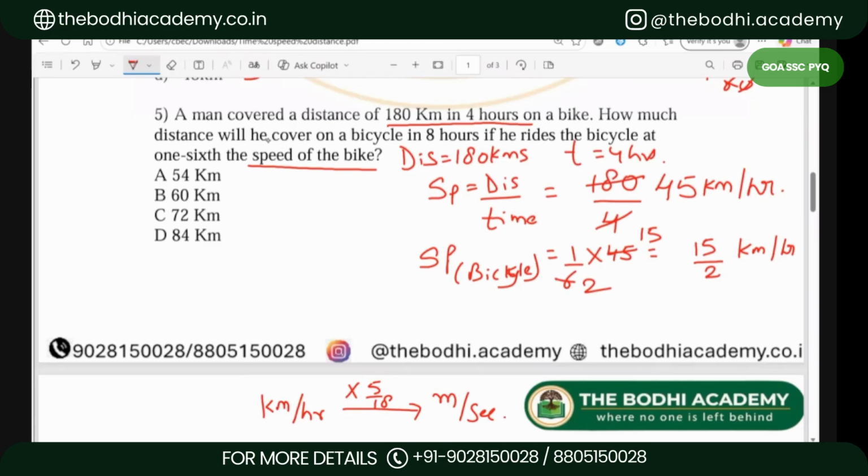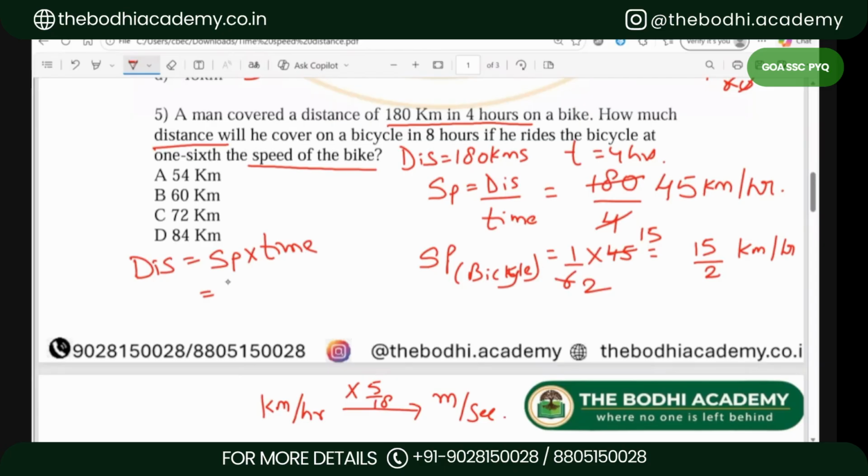Now the question is asking how much distance he will cover on the bicycle in 8 hours. So his time is 8 hours, and we have to calculate distance. The question has asked distance, so distance is equal to speed into time.